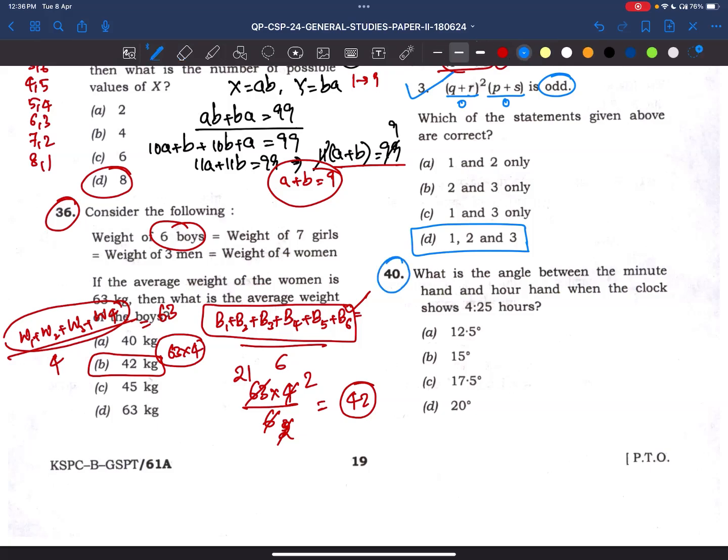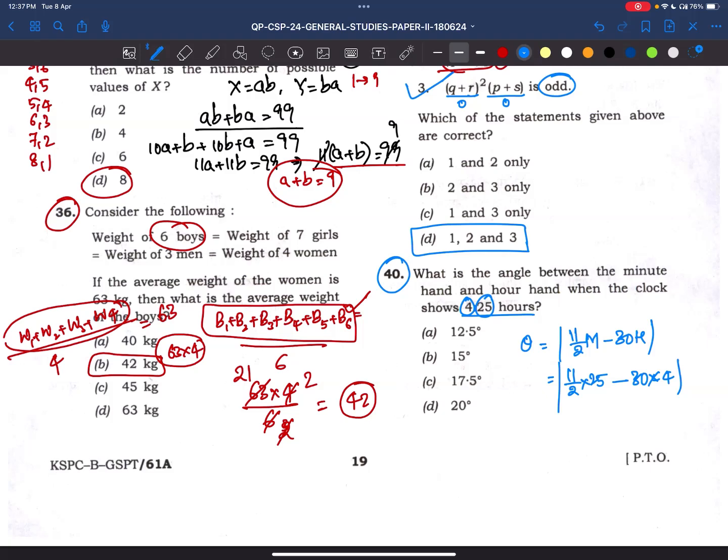Let's go to the 40th question. What is the angle between the minute hand and hour hand, given the time? Simple. For any clock, we know only one formula: 11 by 2 into M minus 30 into H. What are the minutes here? 25 minutes. So 11 by 2 into 25 minus the hours, which is 4, 30 into 4.